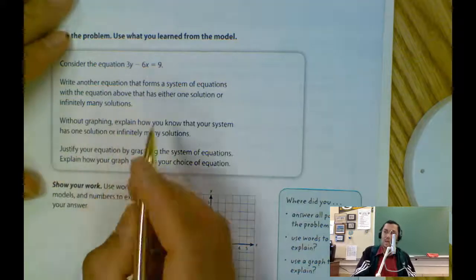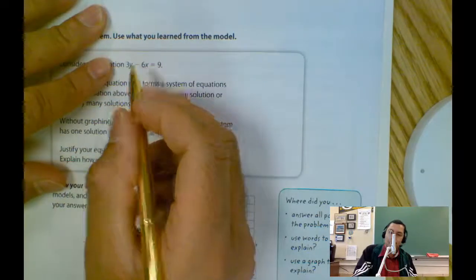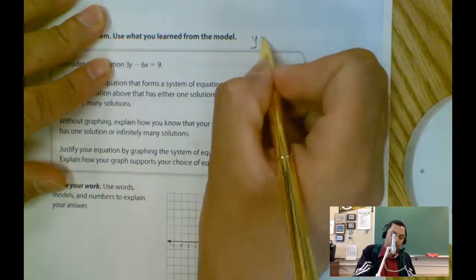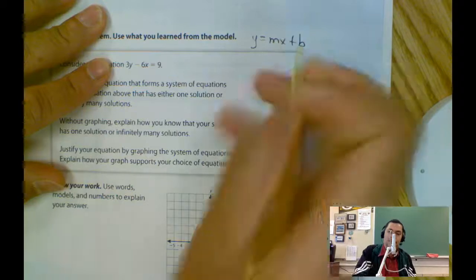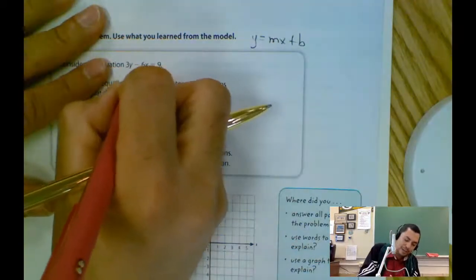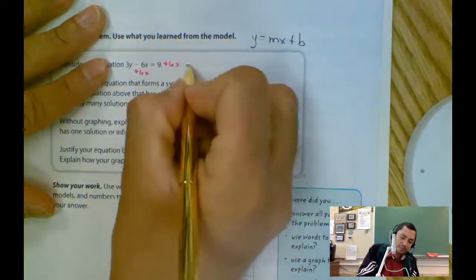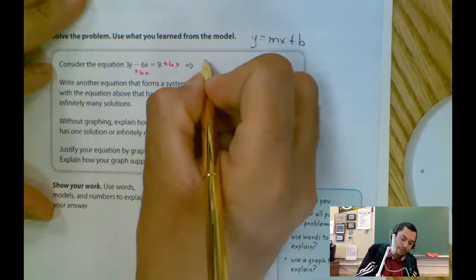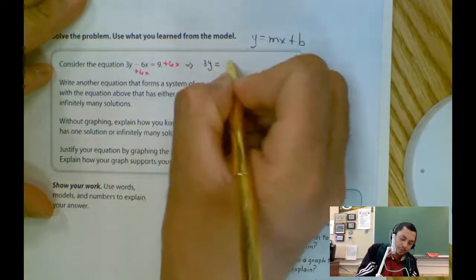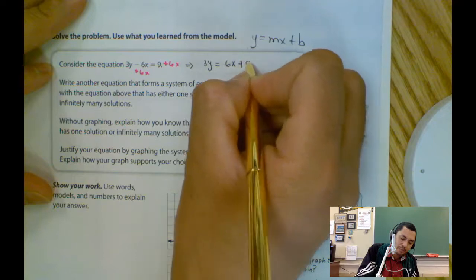So in this case, I'm going to start converting this equation into slope-intercept form. Remember, y equals mx plus b, so we can compare. So in this case, we're going to add 6x to both sides. So this one turns into 3y equals 6x plus 9.